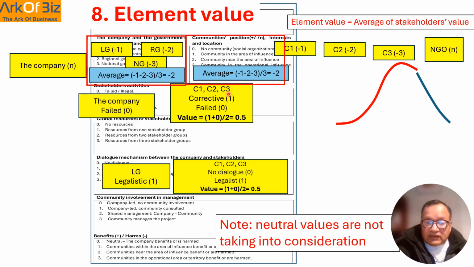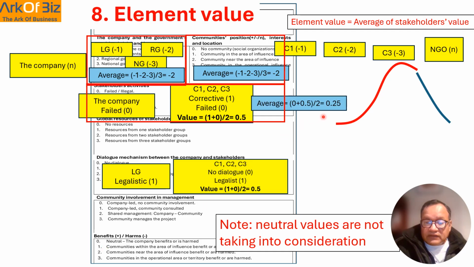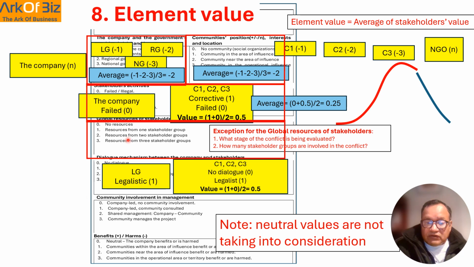So to calculate the stakeholder activity element value, we need to average 0 and 0.5. The average is 0.25.